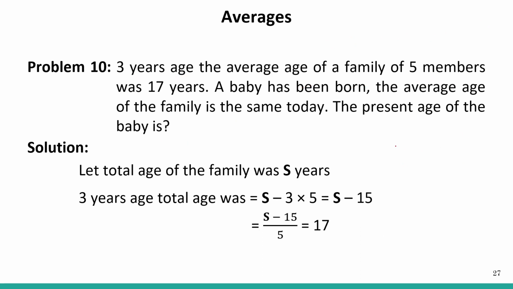Okay, so let's go forward with the step-by-step solution. So let the total age of the family be S years. Okay, so 3 years before, total age was S minus 3 into 5, which is equal to S minus 15. Okay, so (S minus 15) by 5 is equal to 17. This was given to us because their average age is 17.